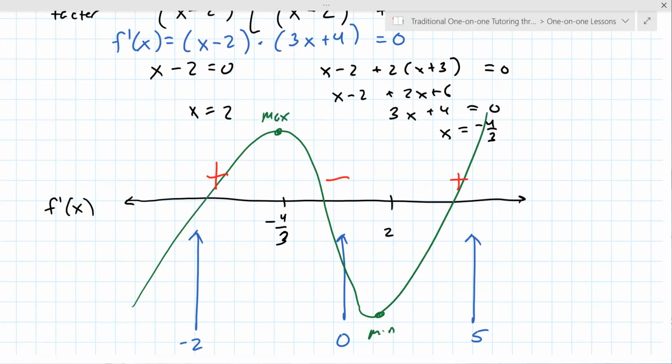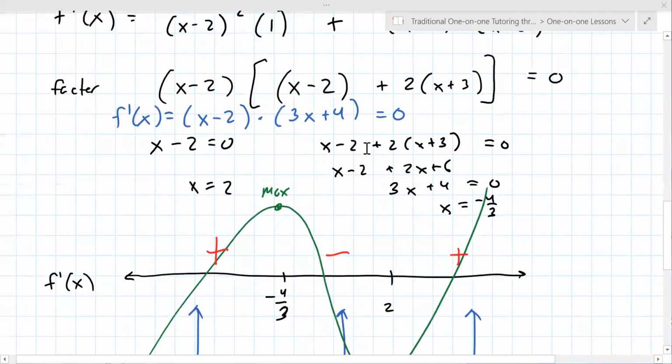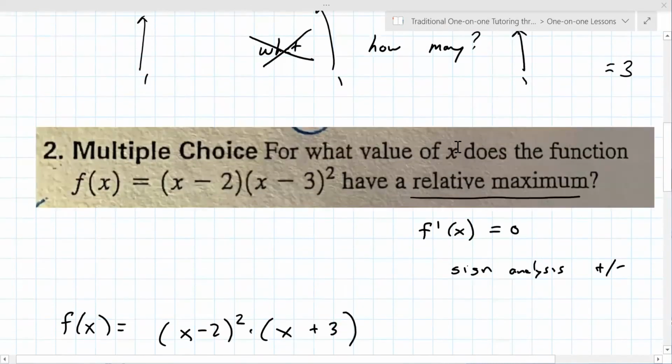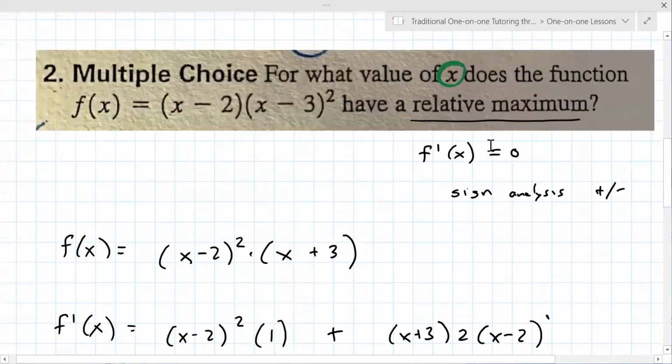Okay, so we just did a lot of stuff we didn't necessarily need to do, since it's just asking for the x value. You don't have to give the y. So we are done. We didn't find the y, did we?